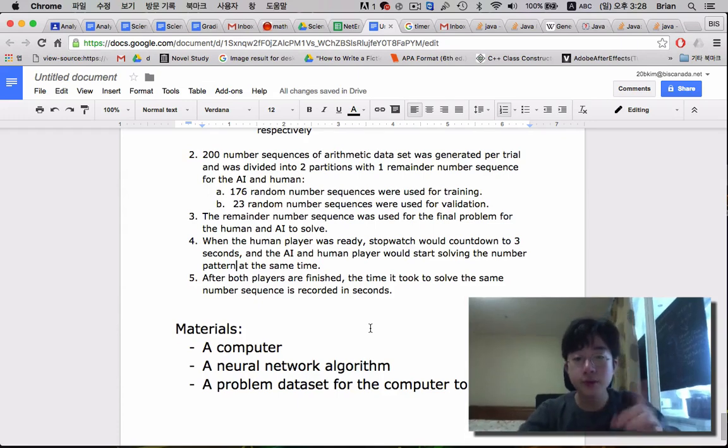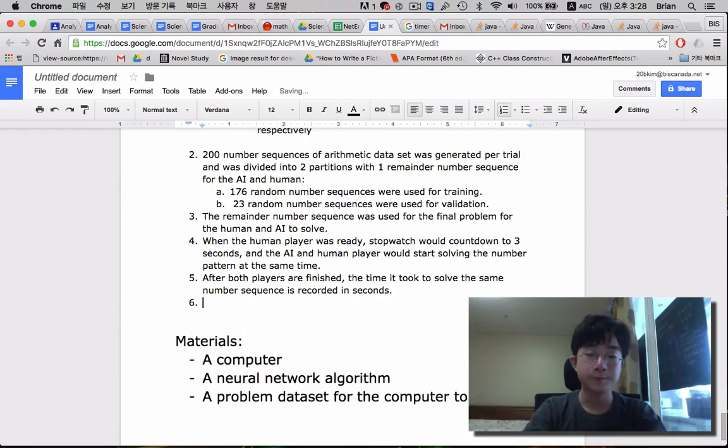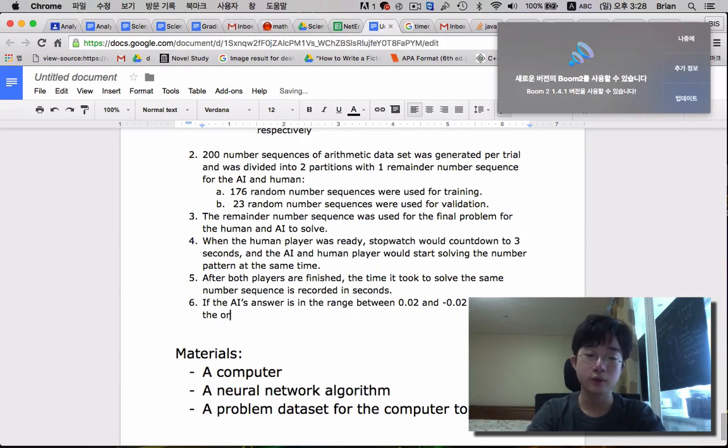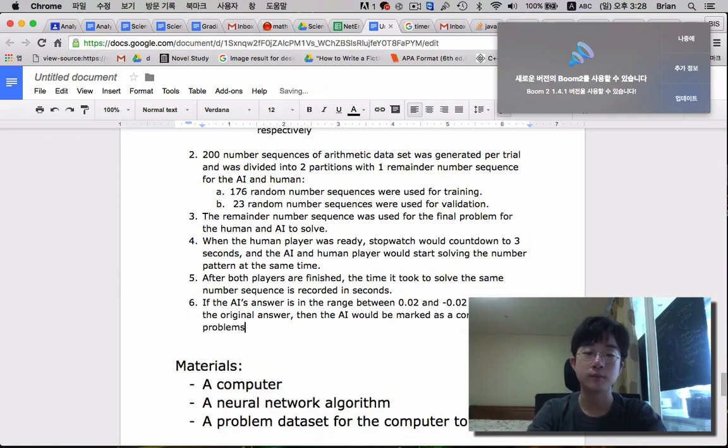And here's another reminder. If the AI's answer is in the range between 0.02 and minus 0.02 relative to the original answer, then the AI would receive a correct, would be marked as a correct for this problem.